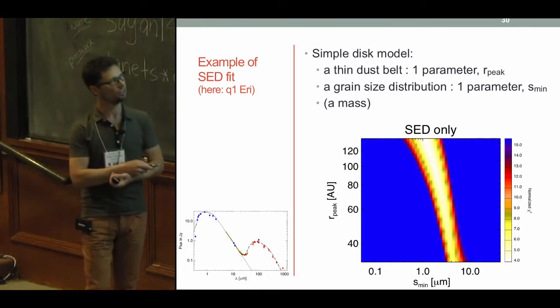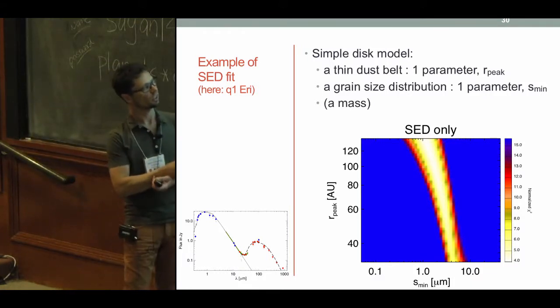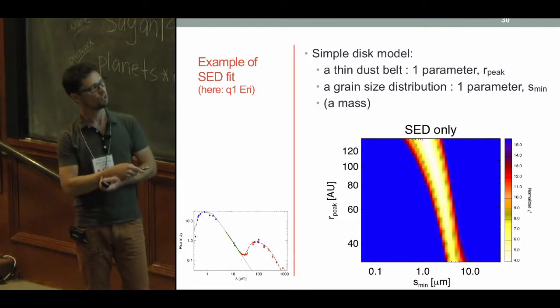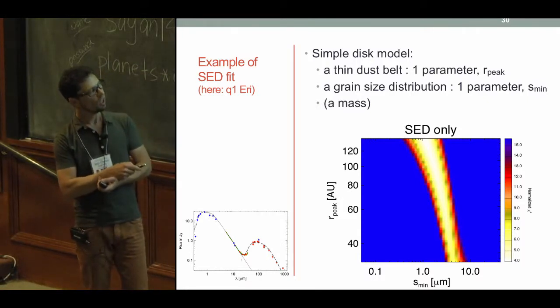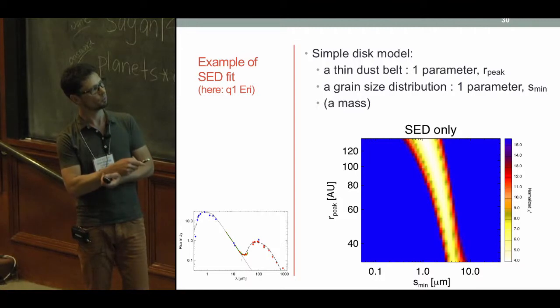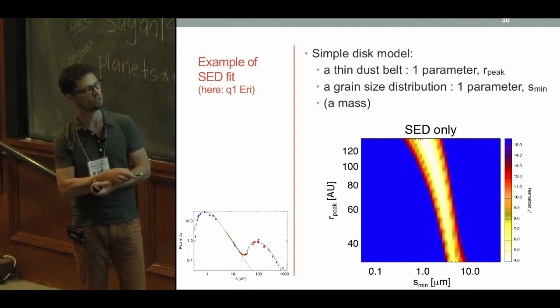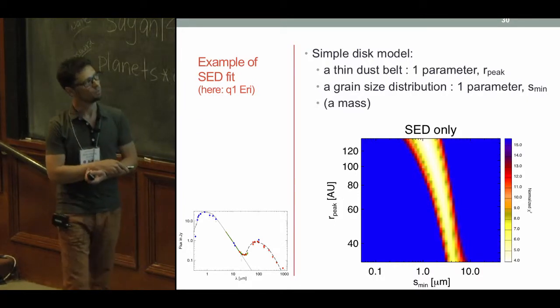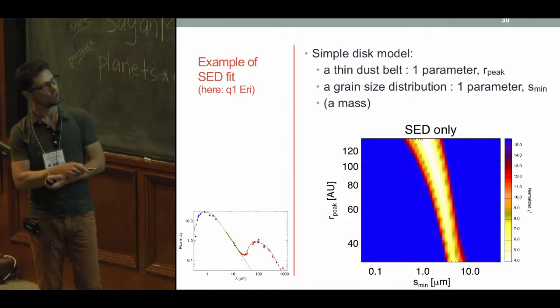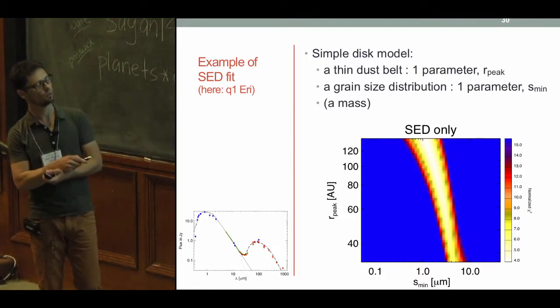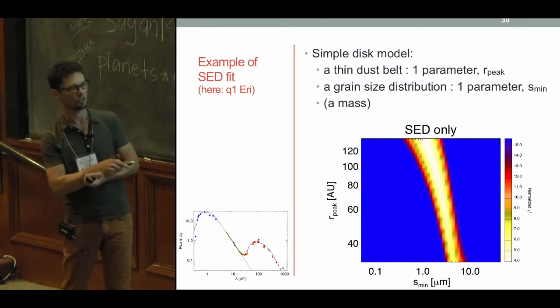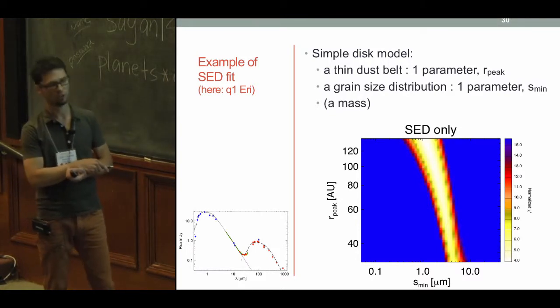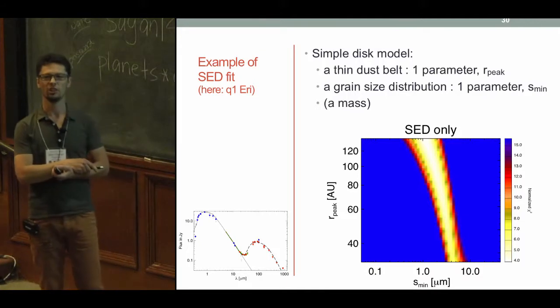Then you can get this kind of map, which is a chi-square map, as a function of the position of the belt and the minimum grain size of your size distribution. So blue is a poor fit, and yellow or white is a good fit. And you see immediately that there is a degeneracy. A small difference in grain size has a strong impact on the location of your belt inferred from the SED here. So this is a degeneracy if you fit the SED only.